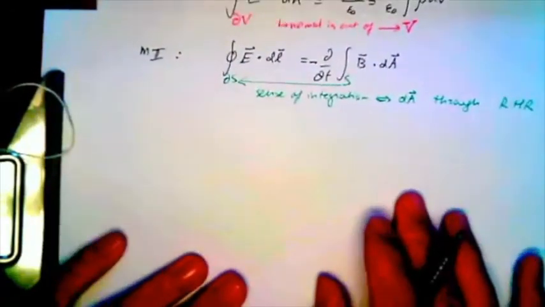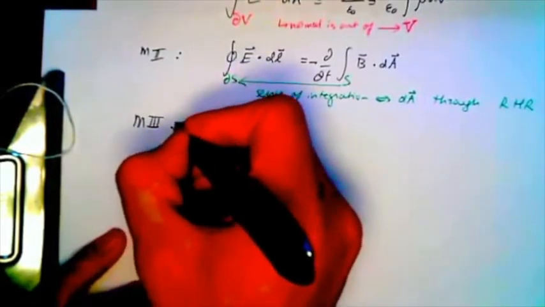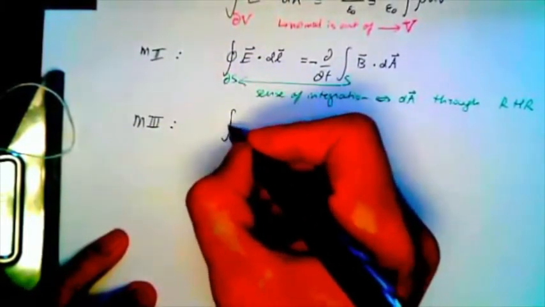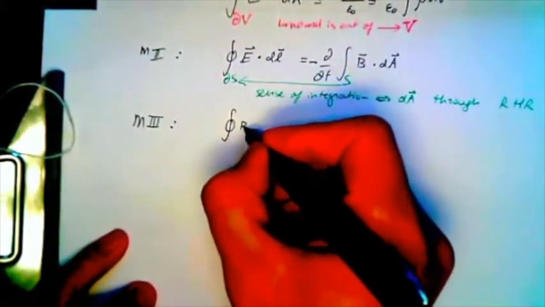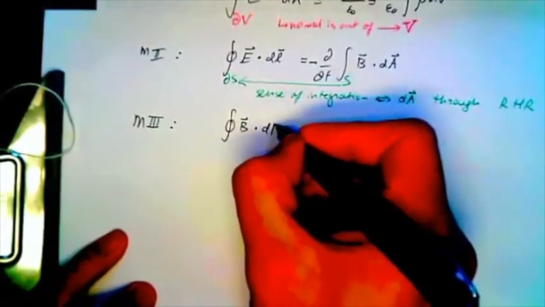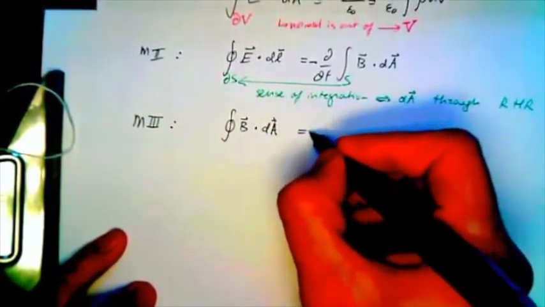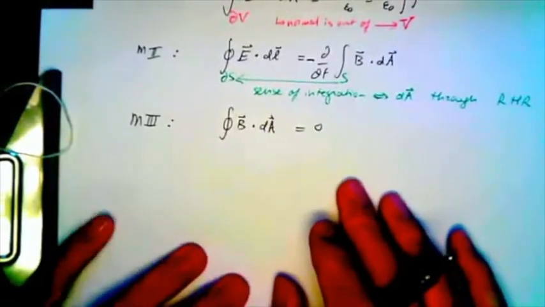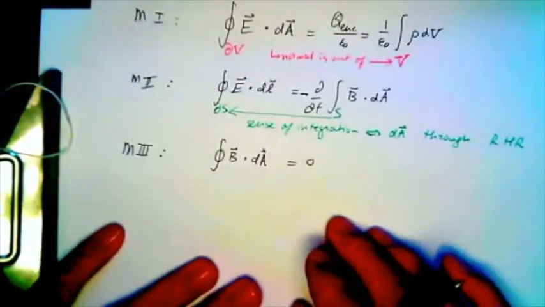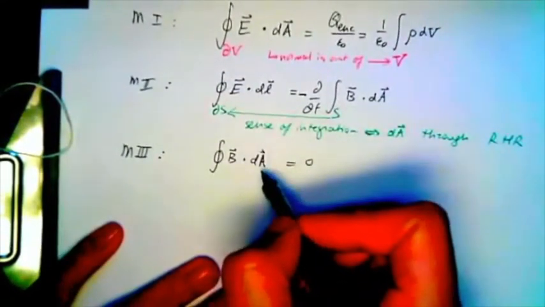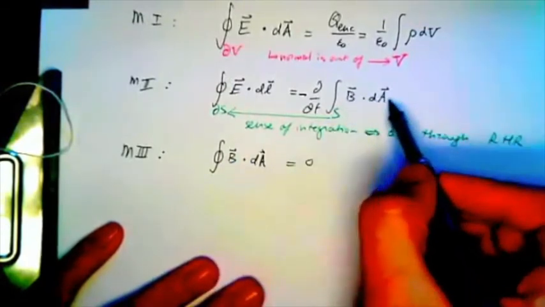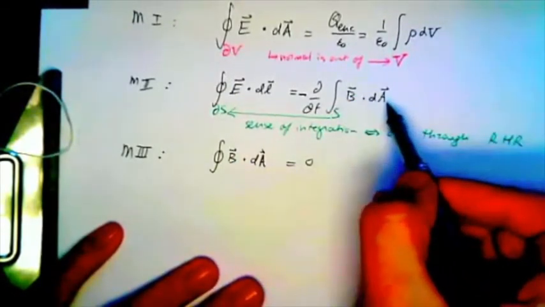Now, Maxwell 3 is the one that we have messed around with the least. And that is that if we have a B dA through a Gaussian surface, then that is 0. So this BdA is not this BdA. This is BdA through an Amperian surface.